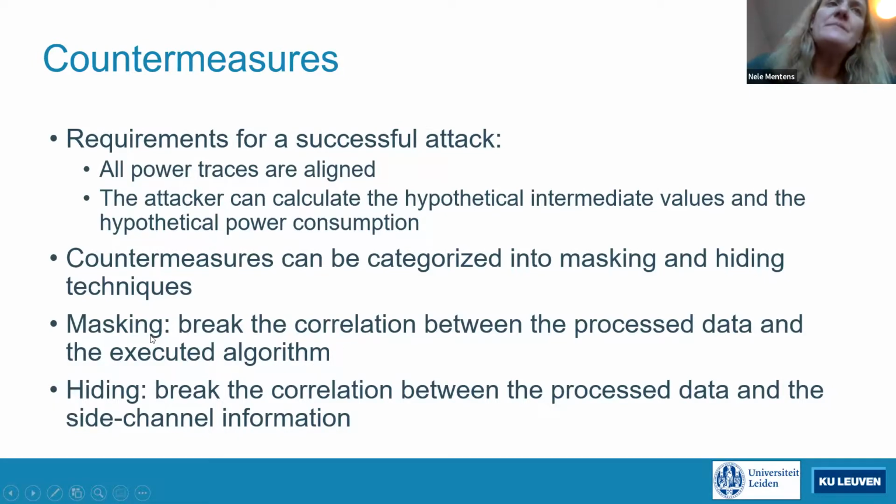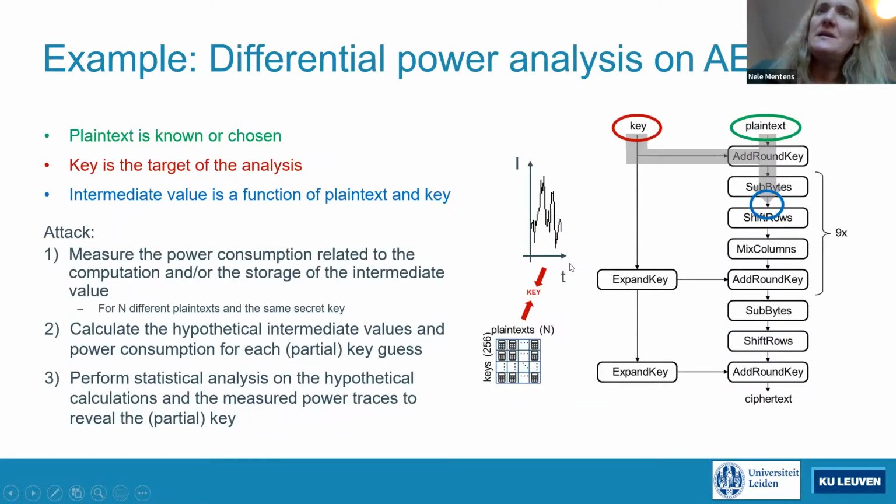And this mask is a random number that is different for every execution of the algorithm. So remember, the attacker had to take multiple measurements, multiple guesses. If now for every one of these measurements, the plain text is masked with a different random value, then these values cannot be correlated anymore.